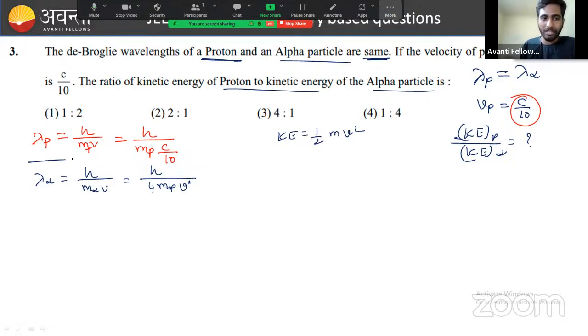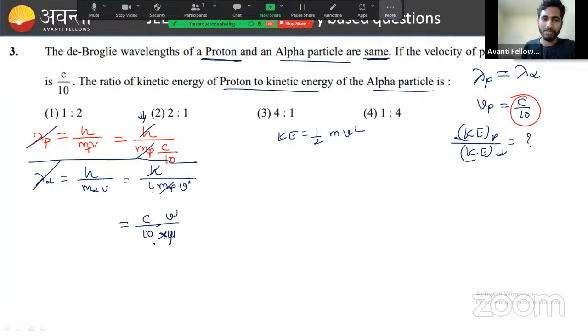If I take these two ratios, lambda, both are the same, cancel. Here h will be cancelled, mass of proton will be cancelled. Then the remaining thing in the numerator will be c by 10, and in the denominator we will get 4 into v dash.